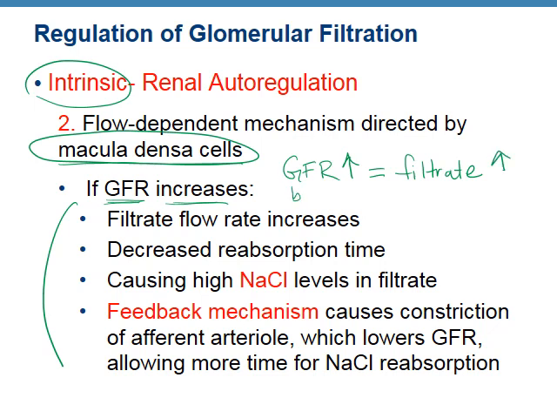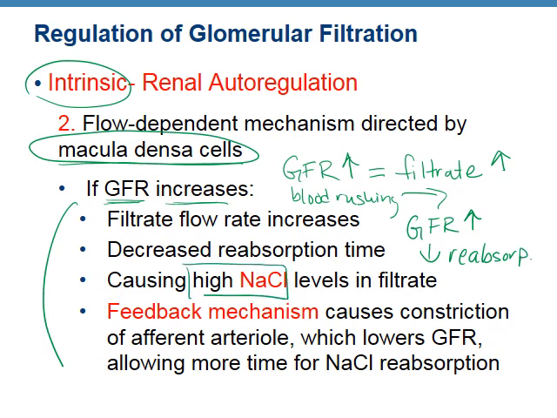You just have blood rushing through the capillary, more filtrate. If your glomerular filtration rate is too high, you're going to have decreased time and ability to reabsorb. That's going to cause you to have high levels of sodium chloride in the filtrate.